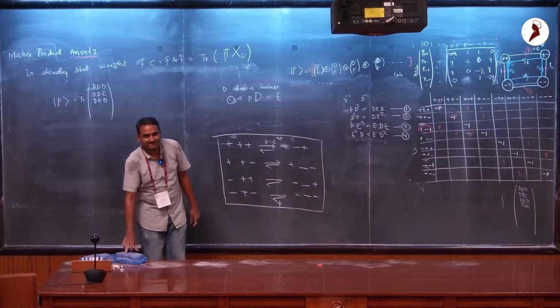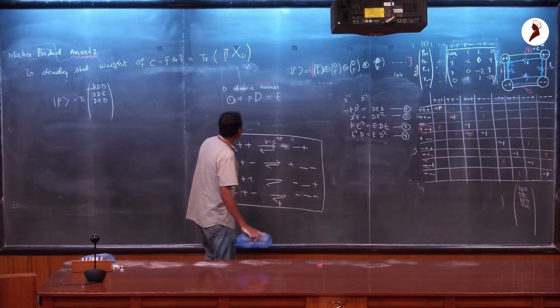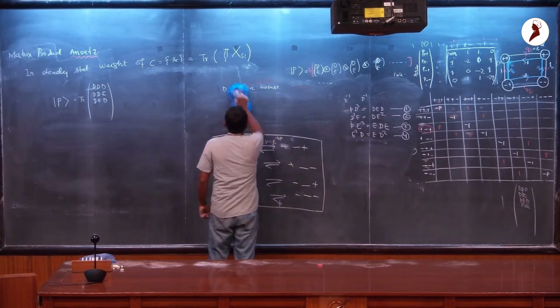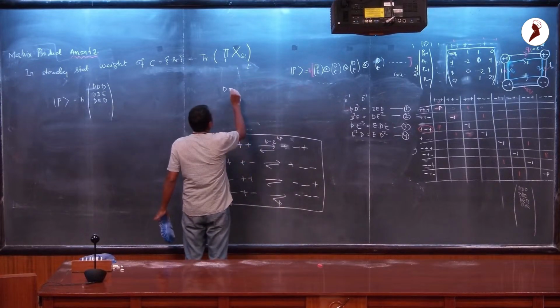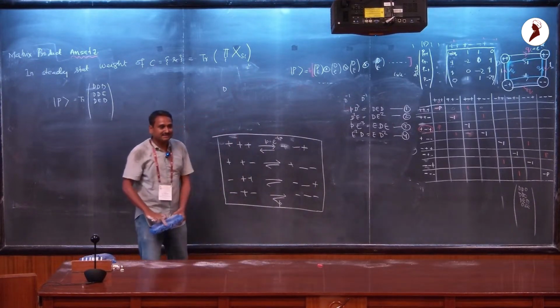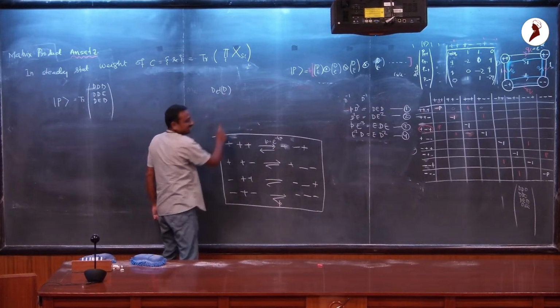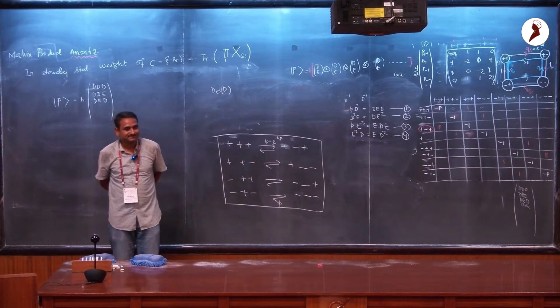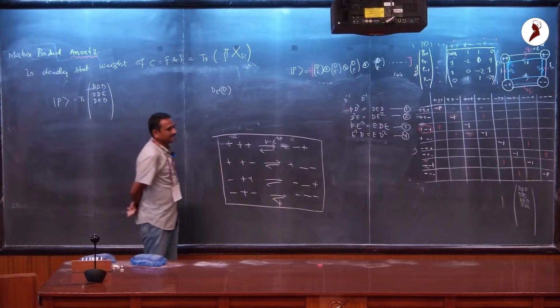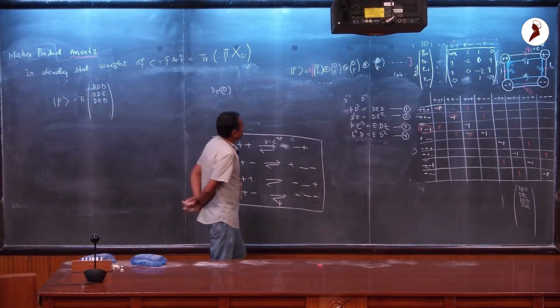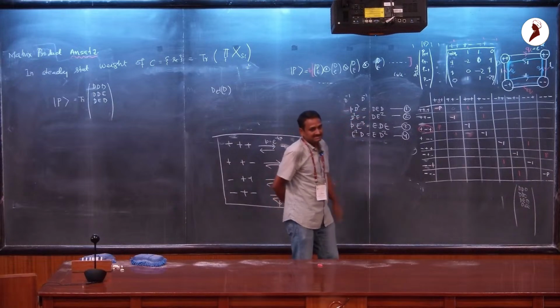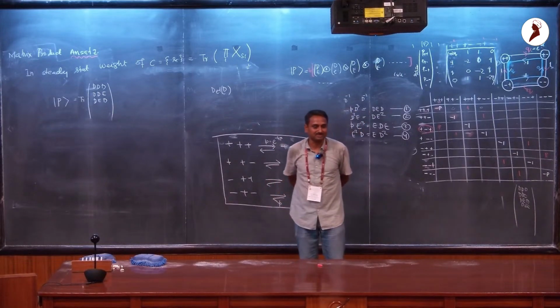That is not something which you want. So D doesn't have an inverse. If D doesn't have an inverse, it basically means the determinant of D equal to 0, or D has at least one eigenvalue 0. If D has an inverse, then D is the same as E, up to a constant multiple.